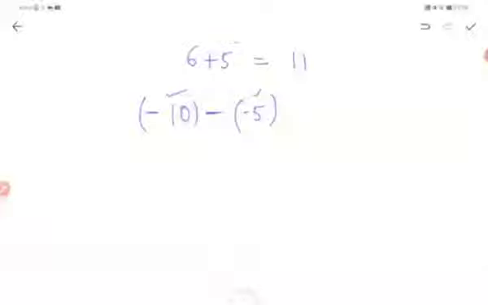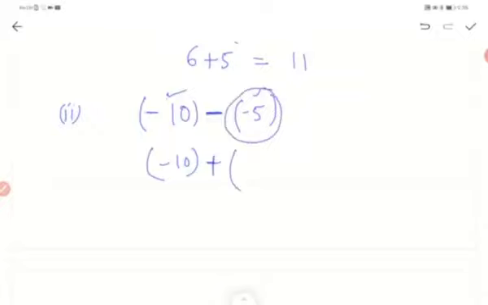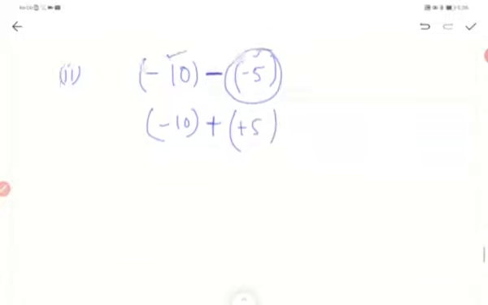To make it very easy, I will do one step to convert this negative into positive. My first number will be as it is, minus 10. I will take addition here, and I will take the additive inverse of this number. Minus 5 will become plus 5. So now it's very simple, just like addition.